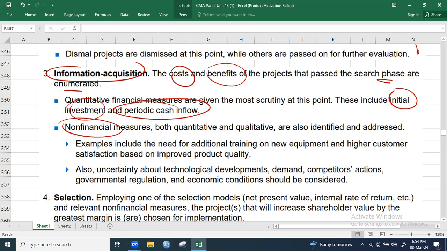For example, if you are going to buy that machine, maybe you need to get some training on how to use that equipment, and you also need information on how this machine can help you satisfy your customers or improve your product quality. So you are also considering non-financial information.